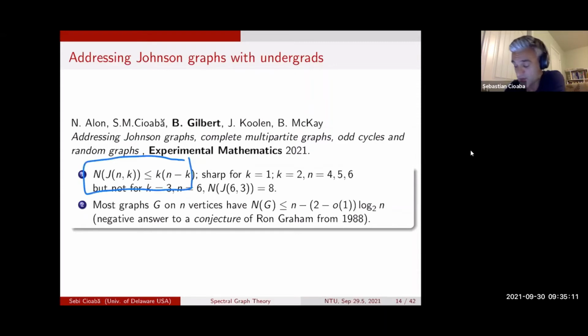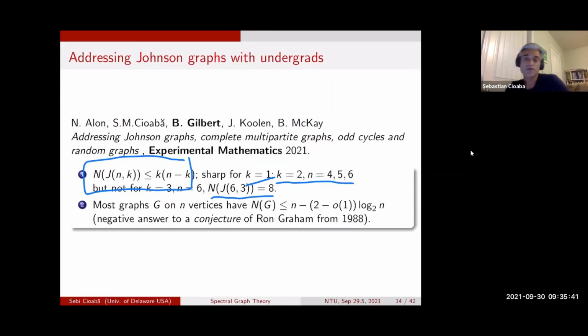So we got the upper bound of k(n minus k) by an explicit addressing for all these graphs. It's sharp for k equals 1, because in that case you get n minus 1, and J(n,1) is the complete graph. It's sharp for a small range, as far as our computers can get us: k equals 2, n equals 4, 5, 6. But it's not sharp for k equals 3 and n equals 6. Brendan McKay actually found an addressing of length 8.